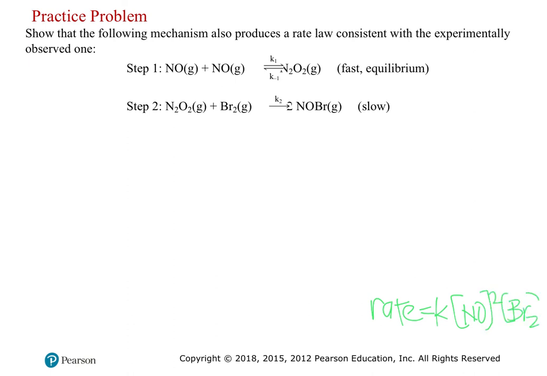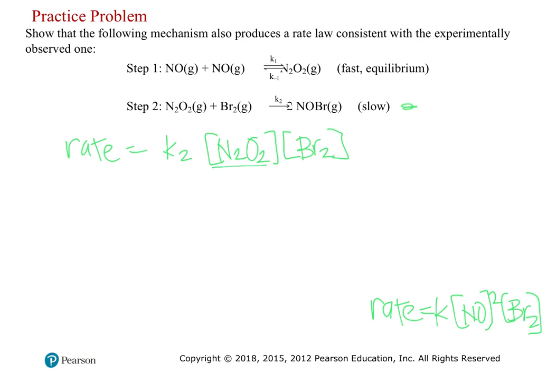So we need something that will agree with that. So if we look at the first step, that's fast. So we need to write the rate law based off the slow step. So rate equals K2 times nitrogen dioxide and bromine. Okay, cool.